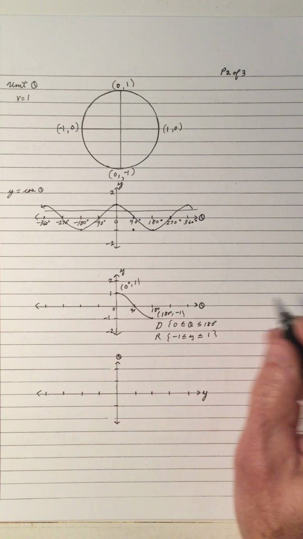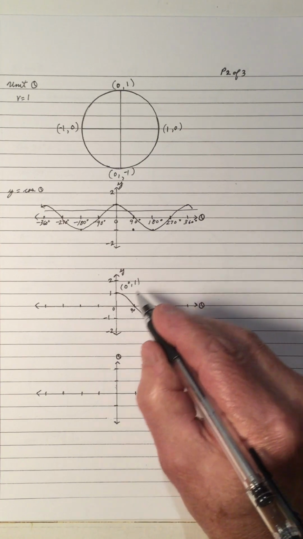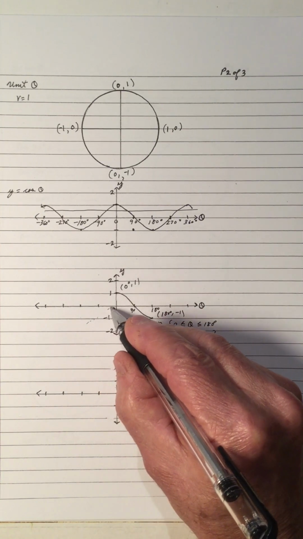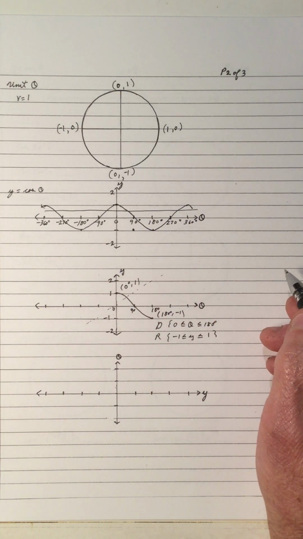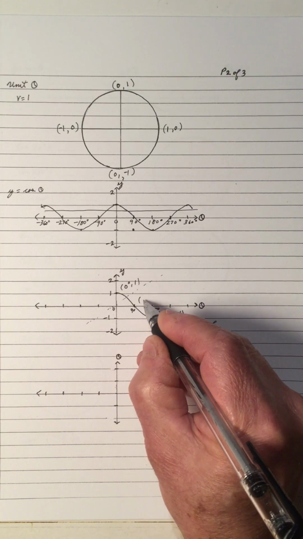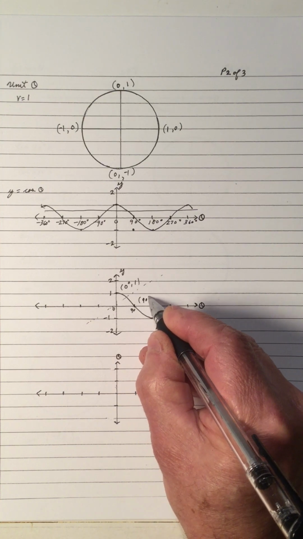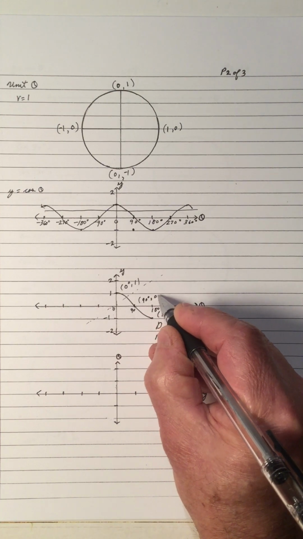So when you do an inverse, you do a reflection in the line y equals x. So this is the line y equals x, and we do a reflection in that line. Let's look at this ordered pair: theta is 90 degrees, and y is 0.